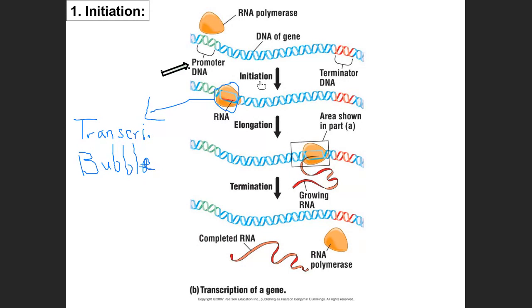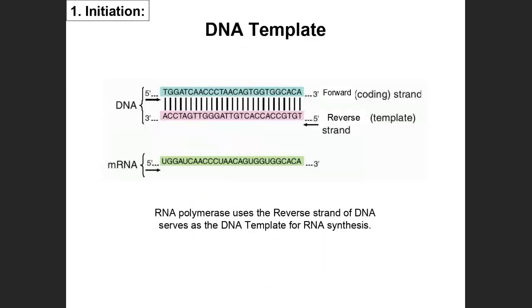The catch is this, RNA polymerase does not use both parent strands that store the genetic information. RNA polymerase does not use both parent strands as a template to make RNA. That's what this slide is for.